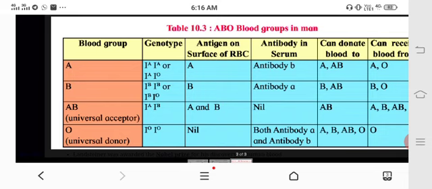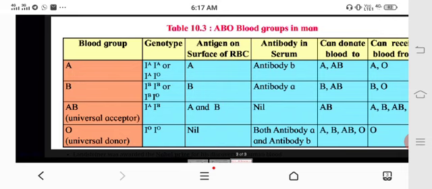So when antigen A is present and antibody B is present in the serum, then these persons have blood group A. He can donate the blood to blood group A as well as AB and can receive the blood from blood group A and O.